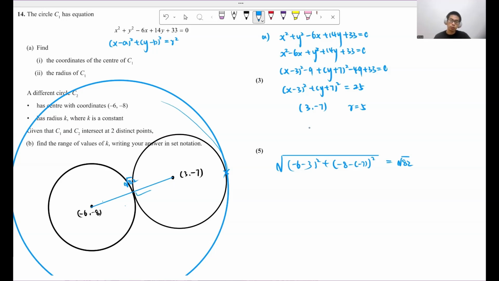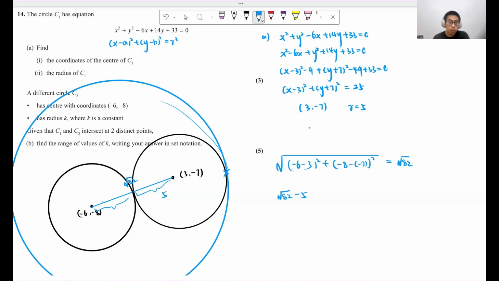And then we know the radius of the first circle is 5. So that means the radius for the second one has to be root 82 minus 5. So that would be the smallest possible circle. So it has to be bigger than that to make it 2 intersection points, because this one is only 1 intersection point.